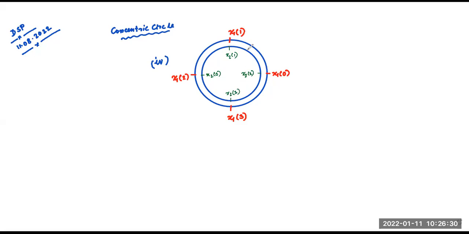So now it will be changed. And what will be the changed one? If it is rotating anti-clockwise, 1 unit shift, then what will be the position now? This will come here. So this will be x23, the new position.